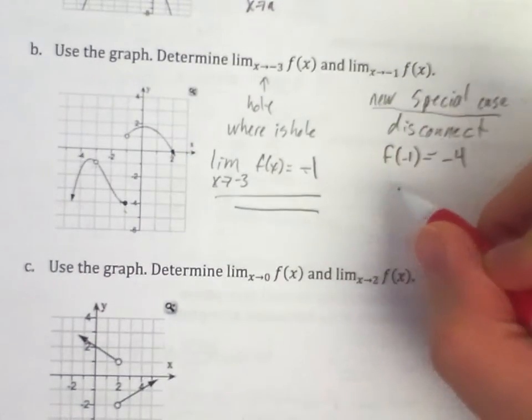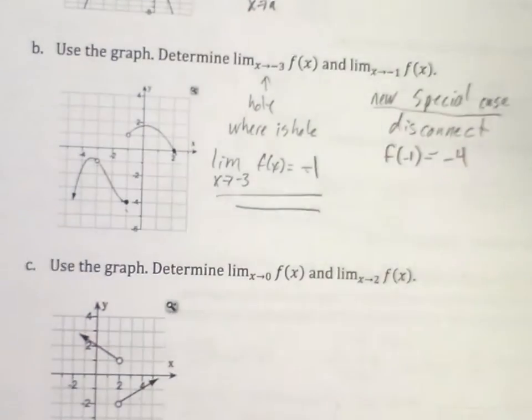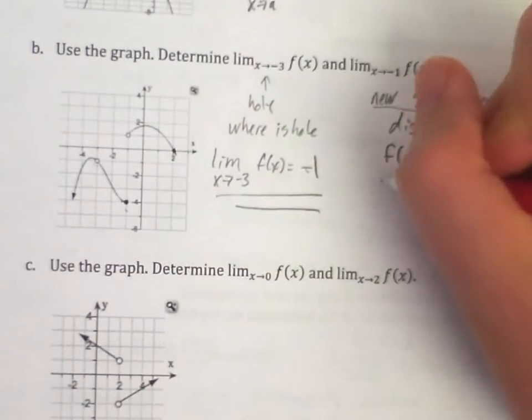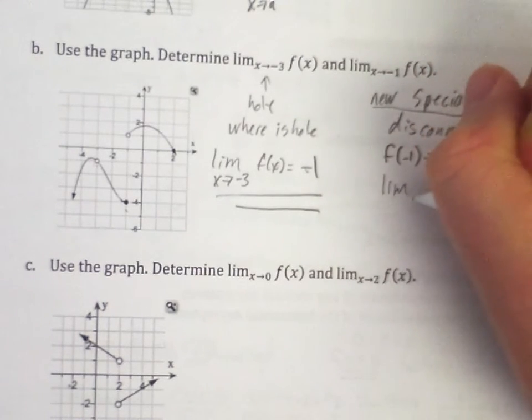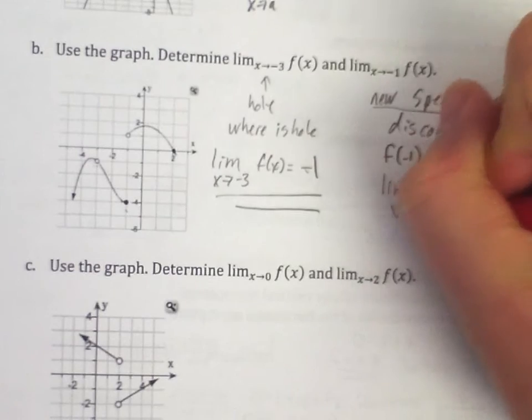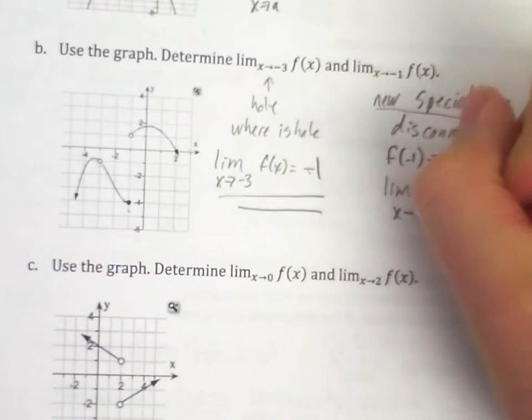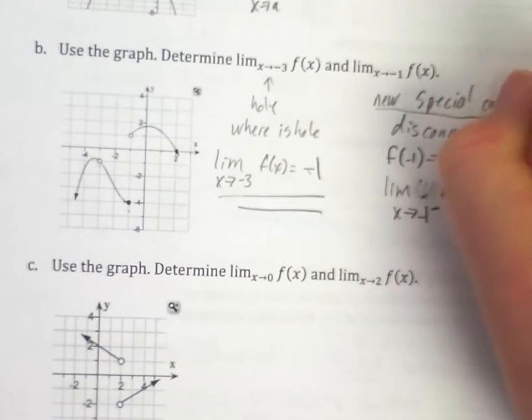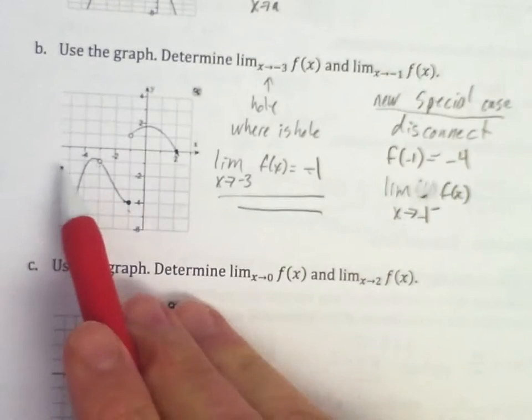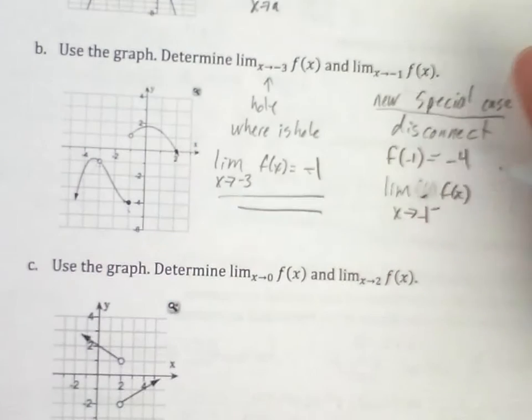So we mentioned earlier, we looked at things from the left and from the right. The limit of f of x, let me write it more clearly, as x approaches negative 1 from the left of f of x. On this side, as we get there, it's going to what the value is, negative 4.